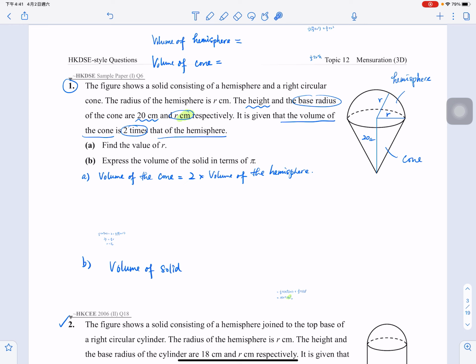So the first thing, A, find the value of r, and B, express the volume of the solid in terms of pi. After you know r, it's easy for us to find out the volume of the solid.